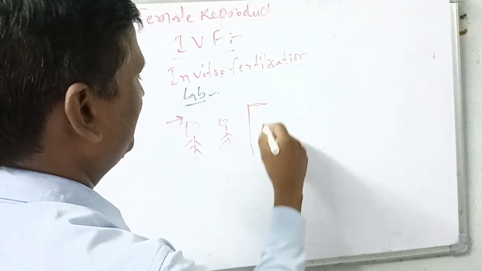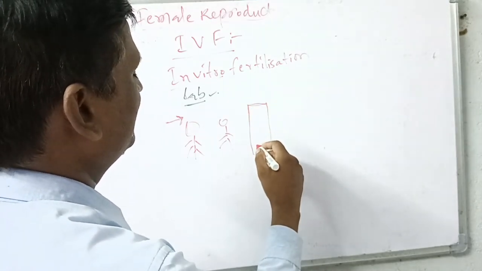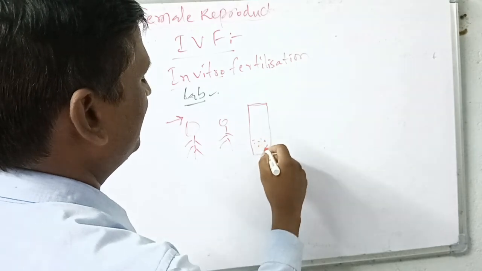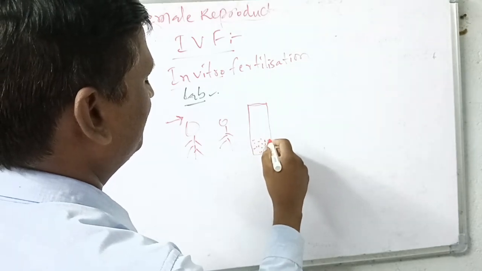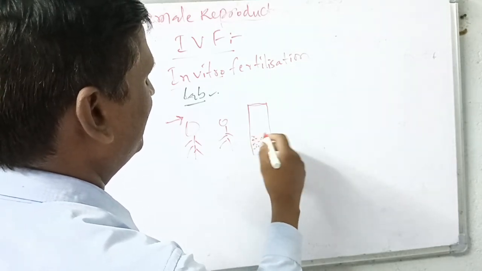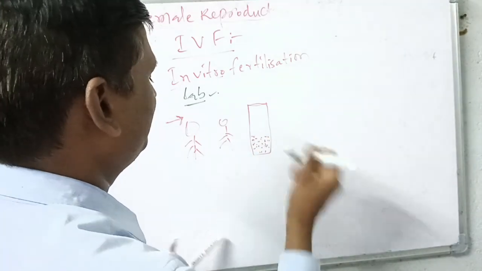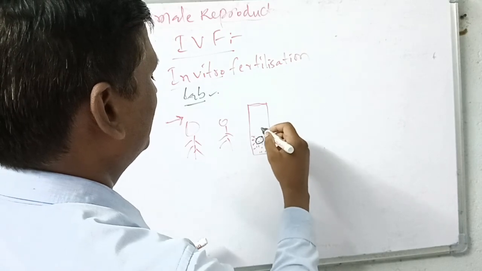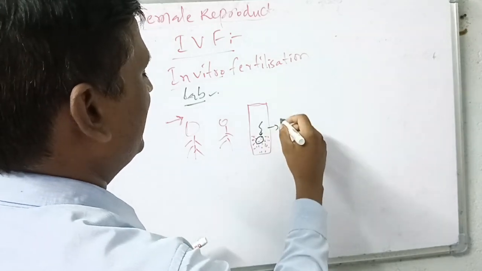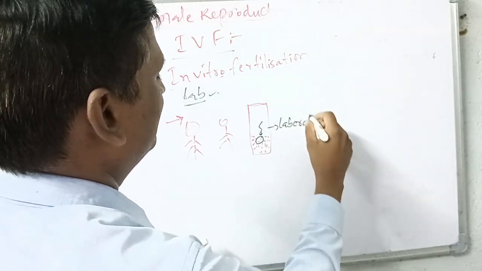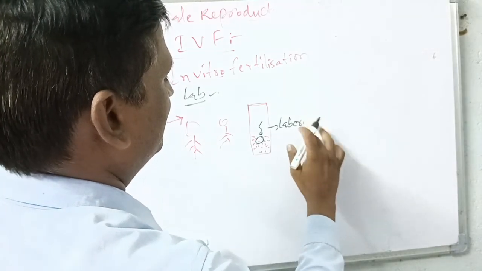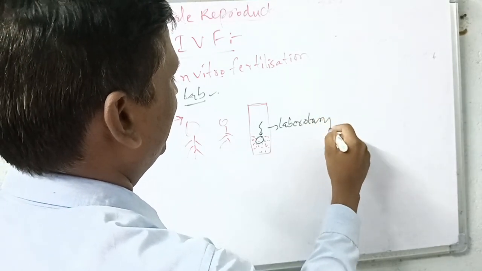These male and female gametes are fused under controlled conditions in the lab, in a test tube. This occurs in the laboratory, so we call it IVF.